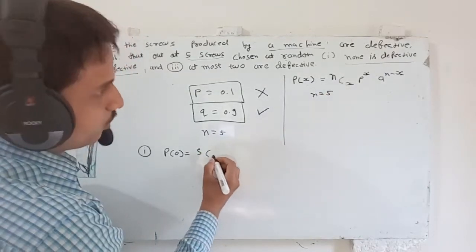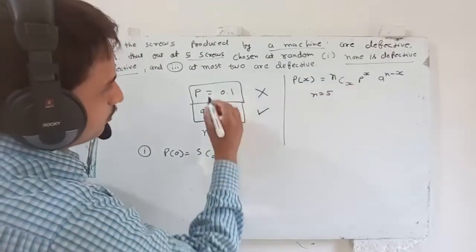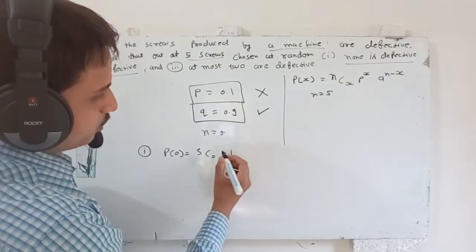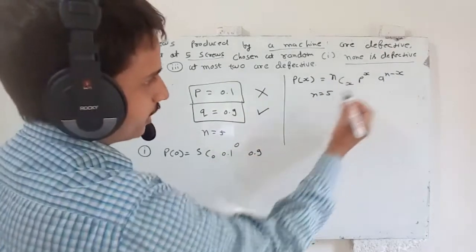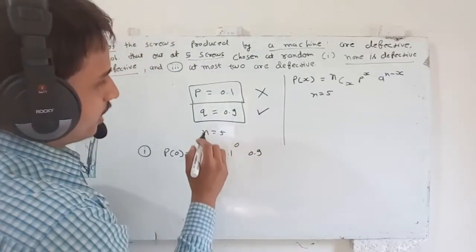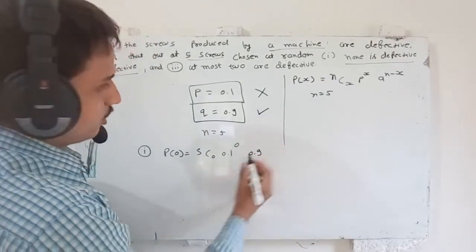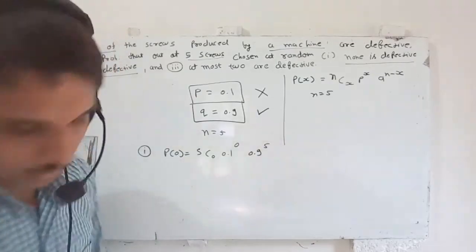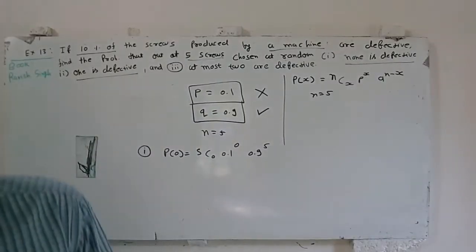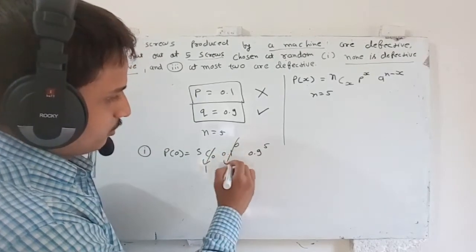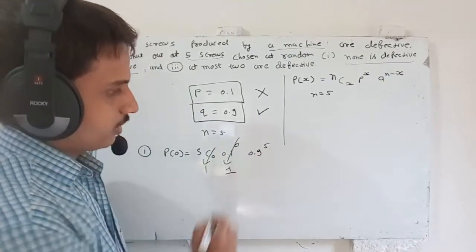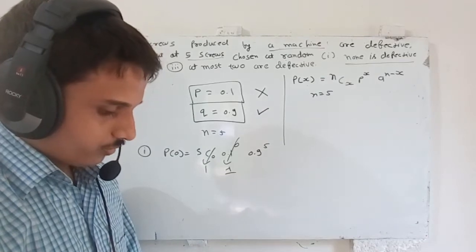So 5C0, p is 0.1, 0.1 raised to 0, 0.9 raised to n minus x, n is equal to 5 and x is equal to 0, so it will be 5. Let me calculate using the calculator. 5C0 is 1, 0.1 raised to 0 is 1 and 0.9 raised to 5.